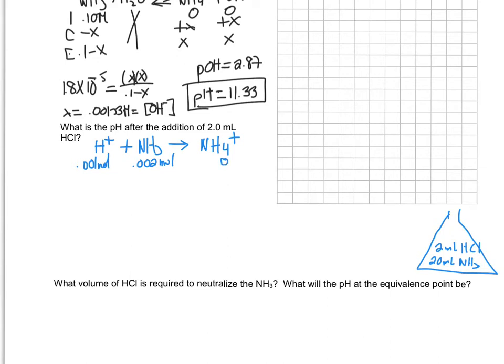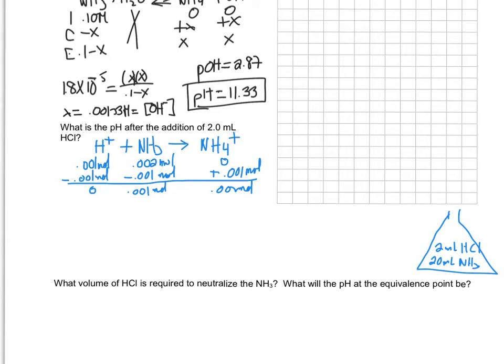If you look at the H plus and the NH3, looks like the H plus is my limiting reactant. It's going to be used up, so minus 0.0001 moles, minus 0.0001 moles, and plus 0.0001 moles. At the end of my reaction, I've used up my H+.